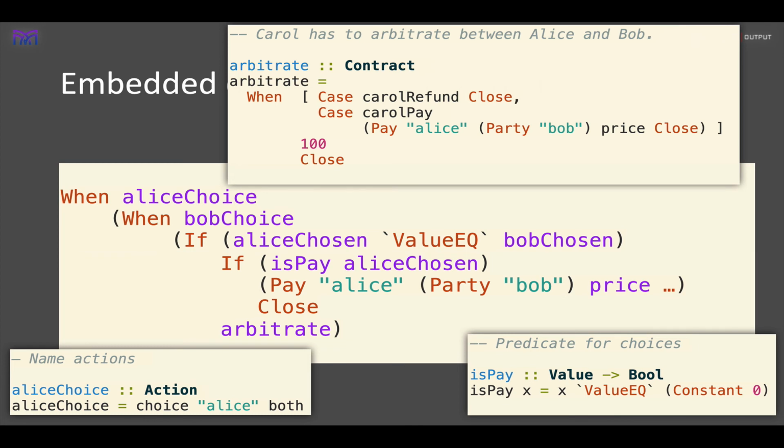So the advantage of embedding our DSL is that we can use a modest set of extensions to make our contracts more readable. But of course, we always have the option of writing contracts just in Marlowe, so in a fully expanded form.